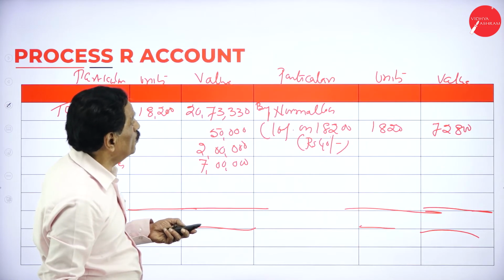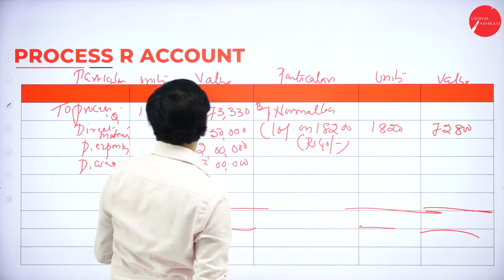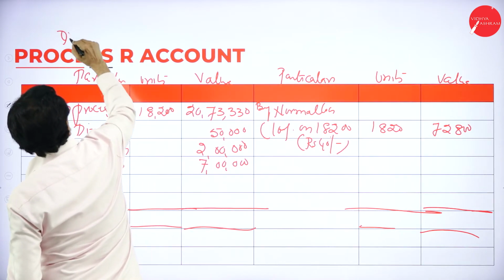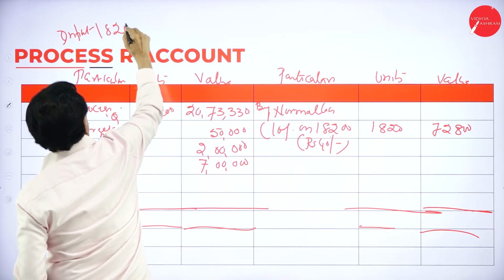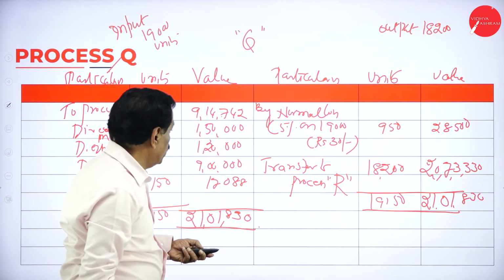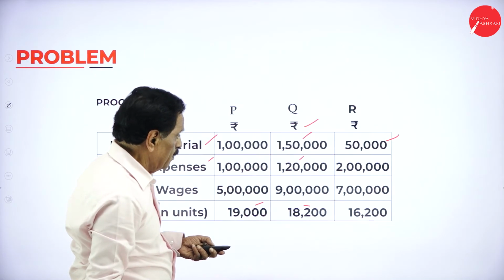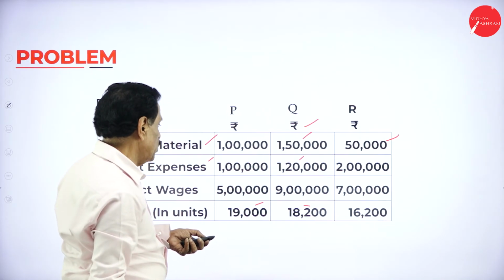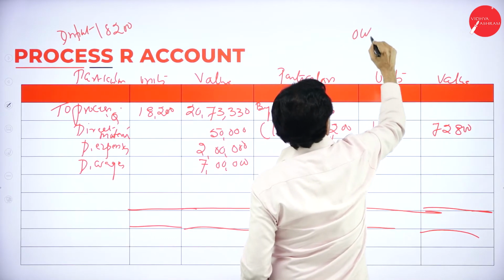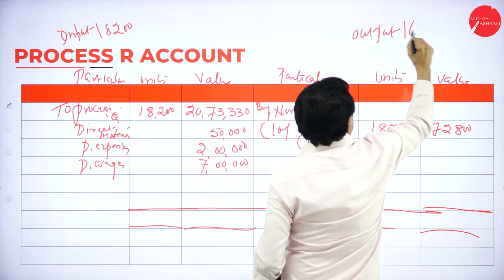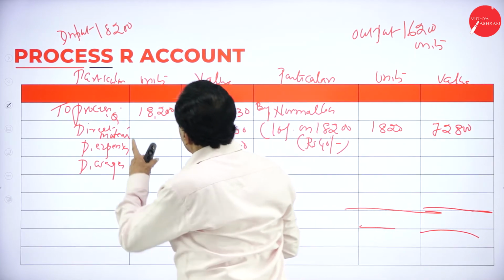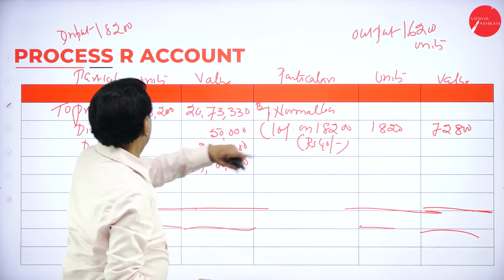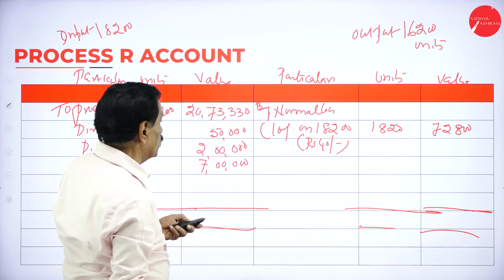What's your actual output? Your input is 18,200. The problem gives output of 16,200 units.